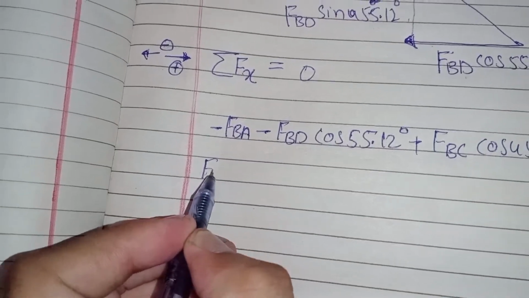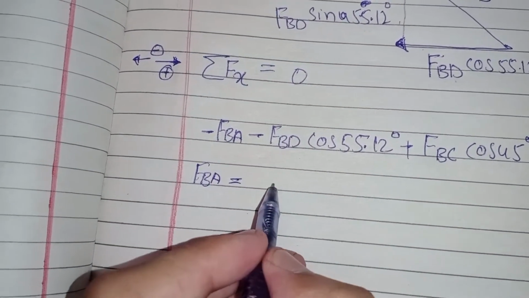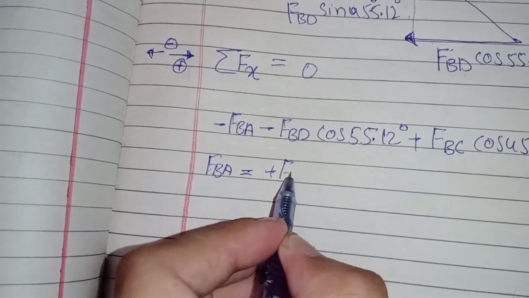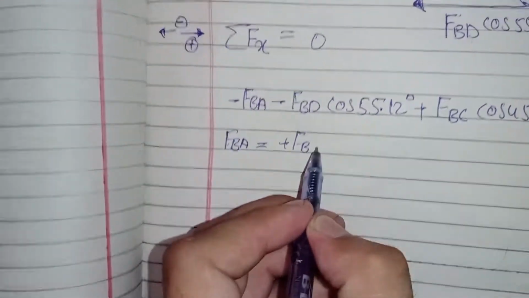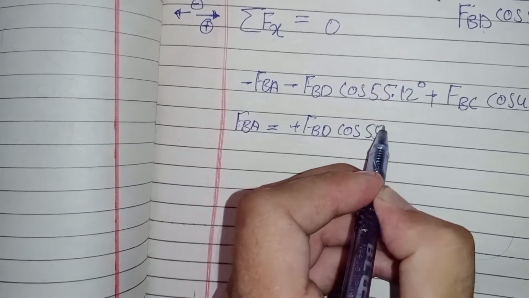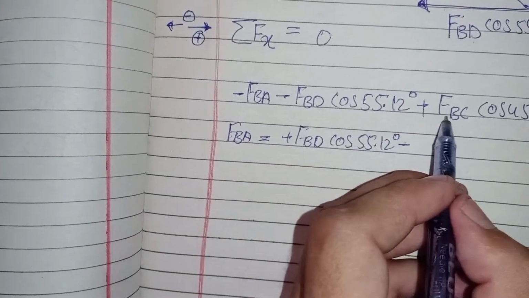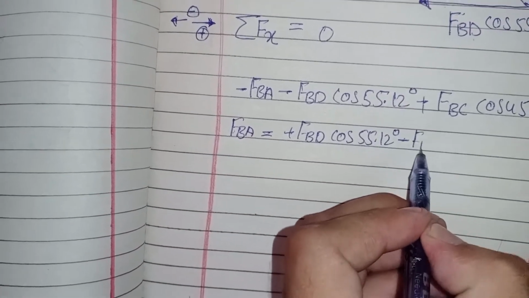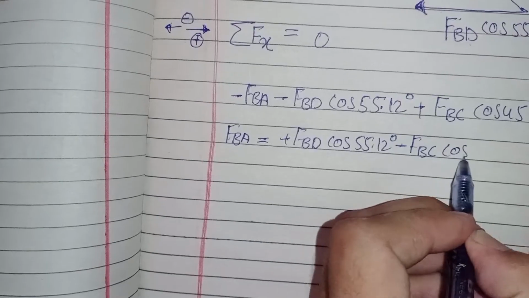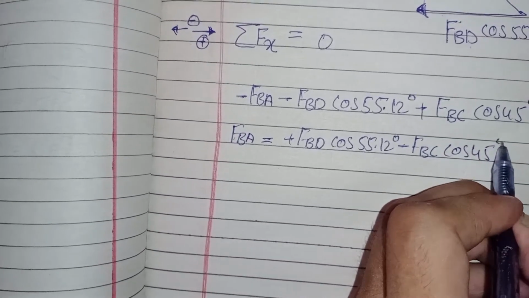FBA will equal to positive FBD cos 55.12 degree, and also negative FBC cos 45 degree.